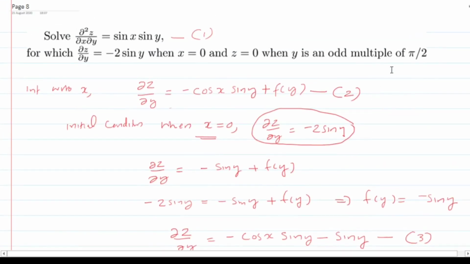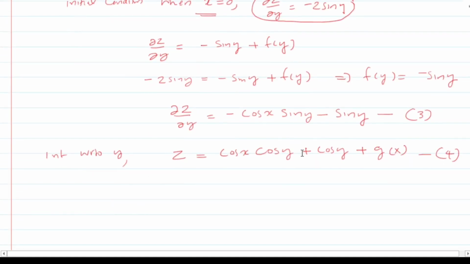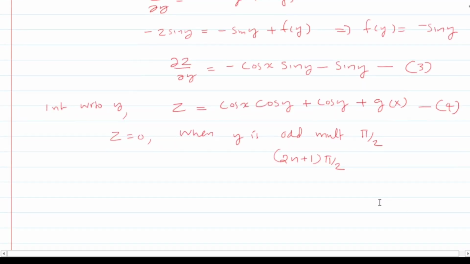Now we go back to the second condition which was given: when y is an odd multiple of π/2, z = 0. So z is equal to 0 when y is an odd multiple of π/2, that is, y = (2n+1)π/2. Since cos((2n+1)π/2) = 0, the cos y terms become 0.